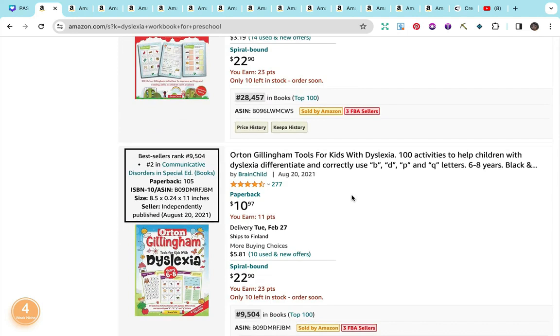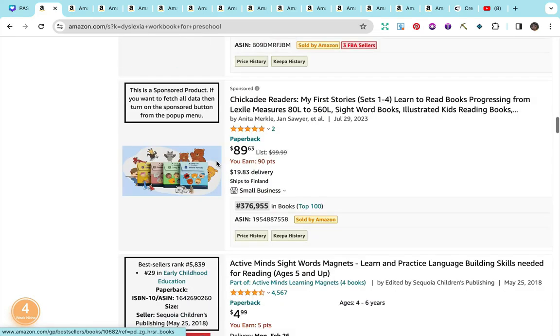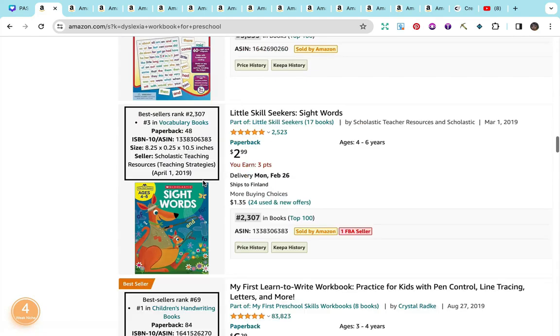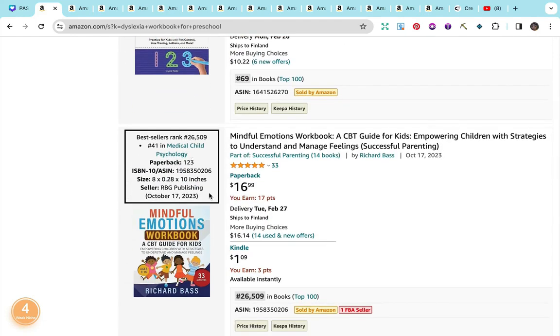That is a strong indication they've used it in the 7 keyword slots. Scrolling down here, we have our third book sitting at 9,504, 5,839, 2,369, and 26. Just right here, we have about 8 or so books without going to the bottom of the first page with a bestseller rank of 100,000 and less.